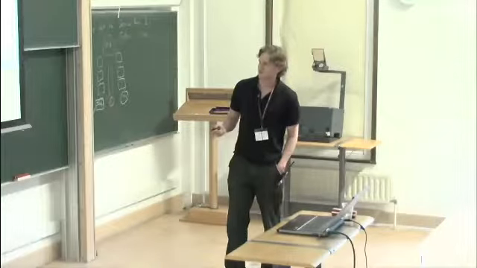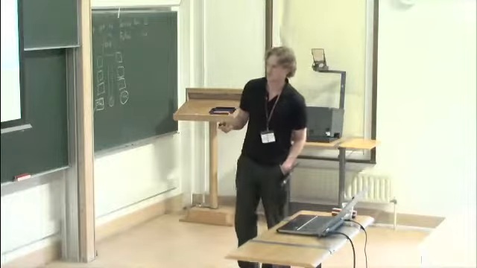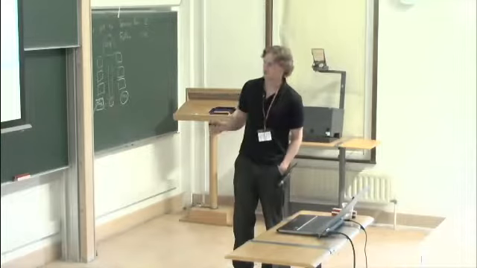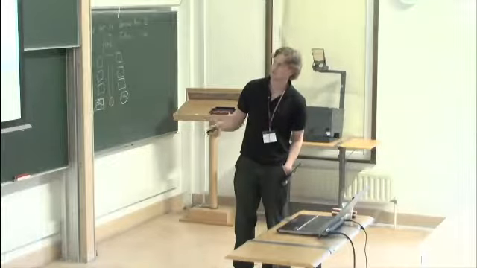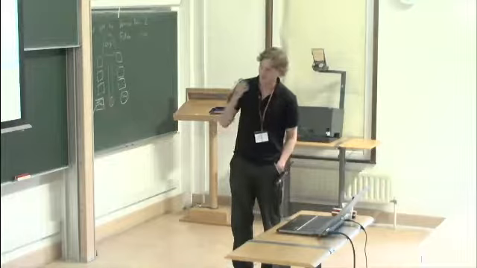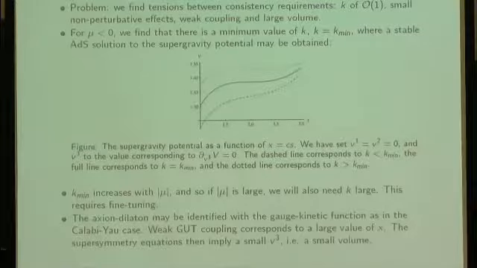So also, as in the Calabi-Yau case, to first order you identify the axio-dilaton with the gauge kinetic function, and so weak coupling then corresponds to a large value of this x. This x here is basically c times the axio-dilaton. The supersymmetry equations, these two extrema here are supersymmetric, so the D terms vanish, and the F terms vanish at these points.